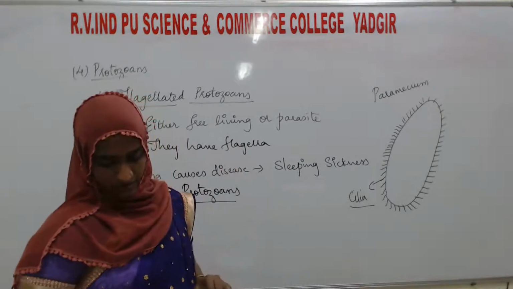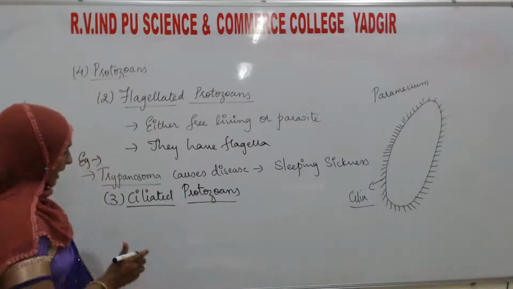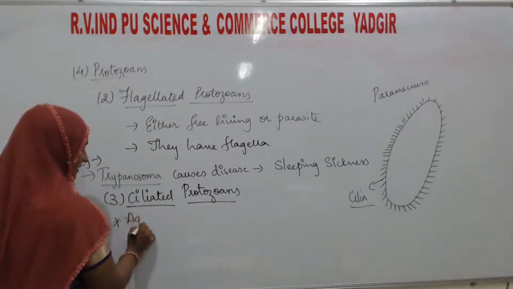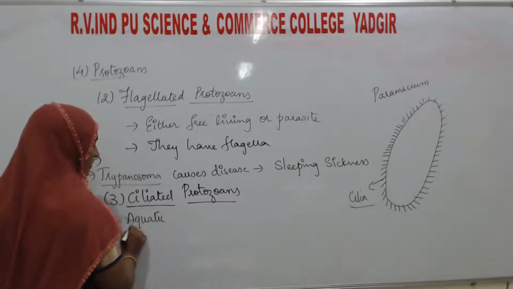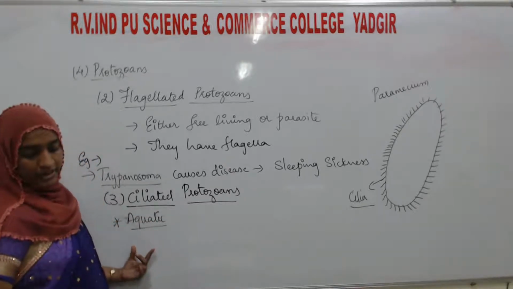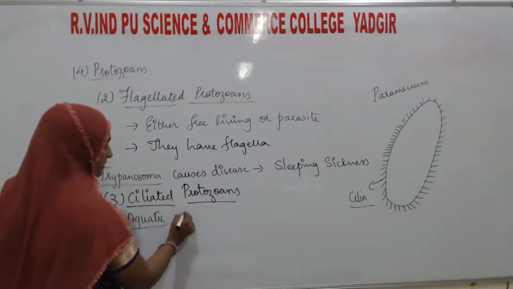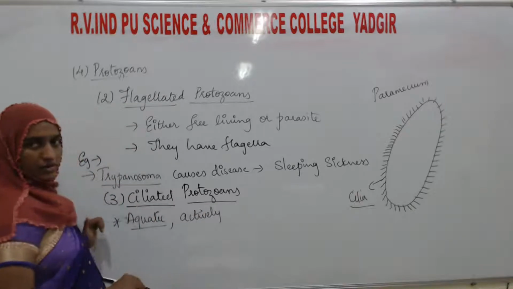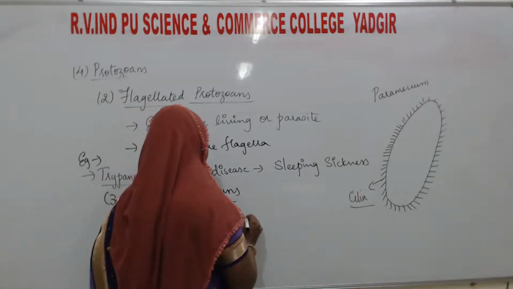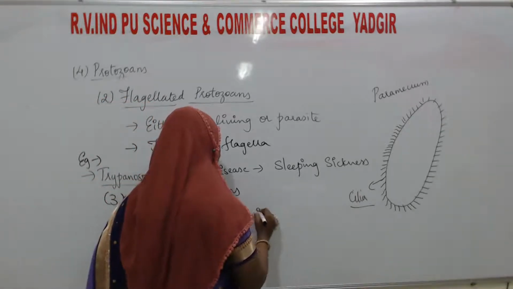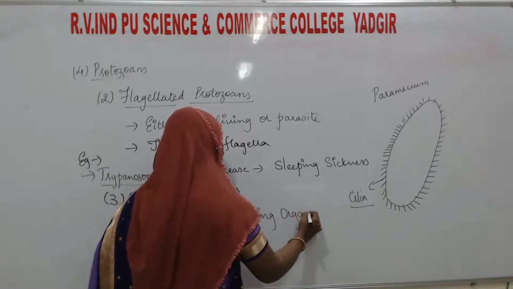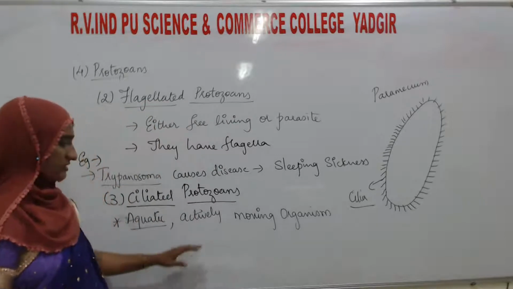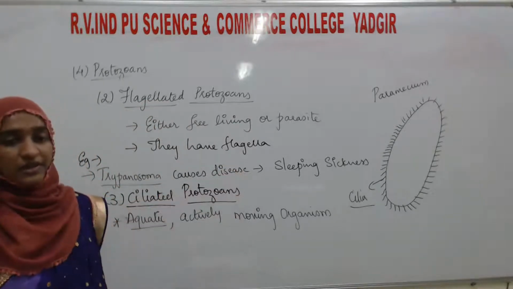Paramecium. And Paramecium or the ciliated protozoans are aquatic, and aquatic means which lives in water. Aquatic and actively moving organisms, because they have numerous cilia.